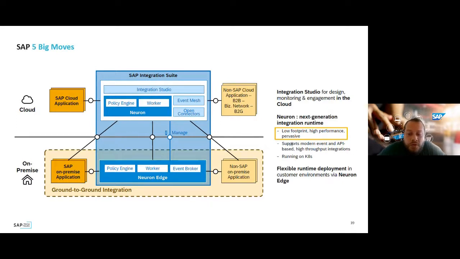So, low footprint, high performance, and preservative. Those are really nice topics for me, because when this cloud movement came, I had many discussions with enterprise architects exactly about this point, and now we have some type of technology to offer.